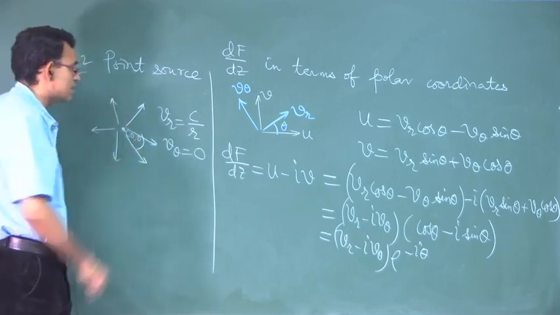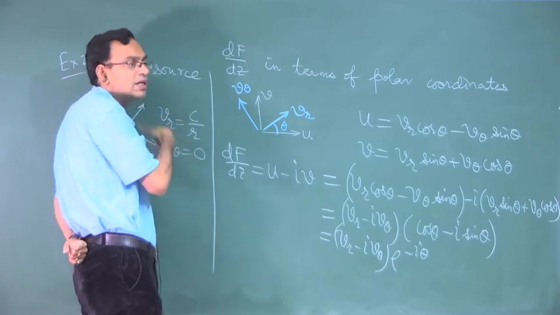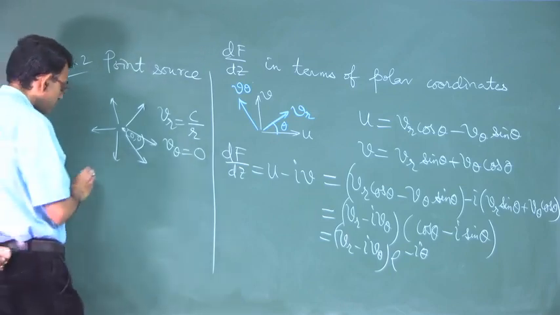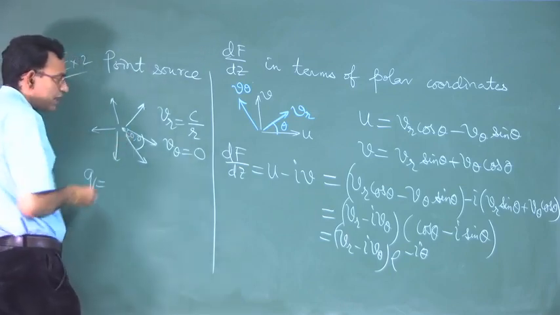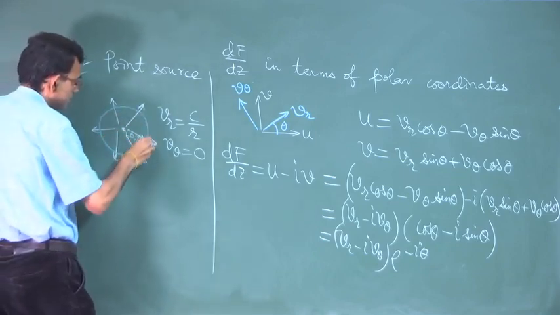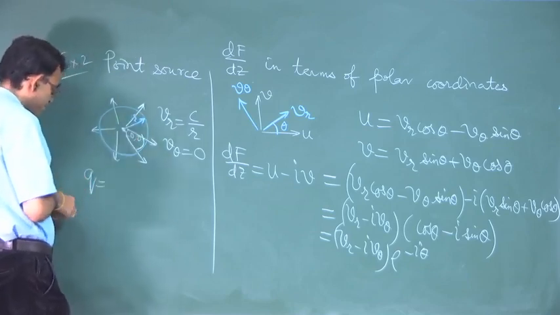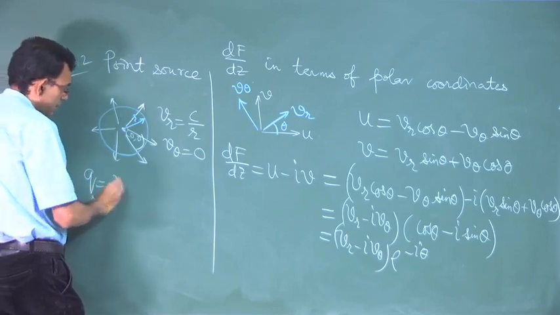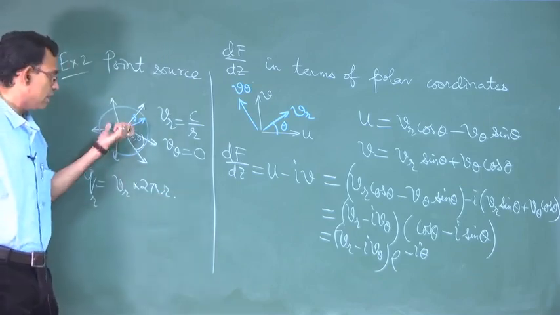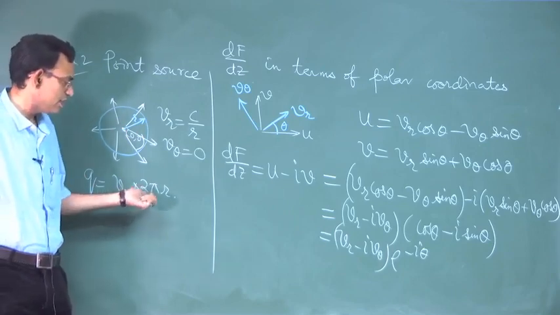As the radial location increases, now, this being abstract, what is not abstract is the flow rate that you are getting out of this. What is the flow rate? At a radial location small r, what is q? The length perpendicular to the plane of the figure is 1. So, q is Vr into 2 pi r.